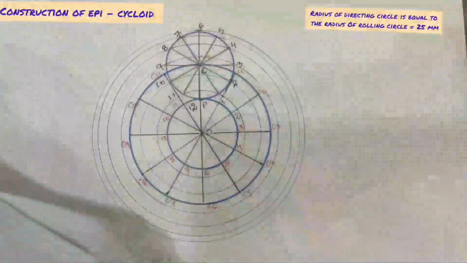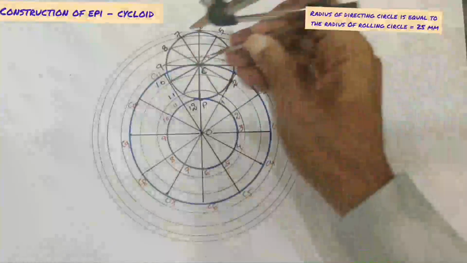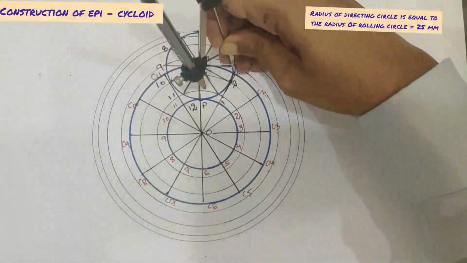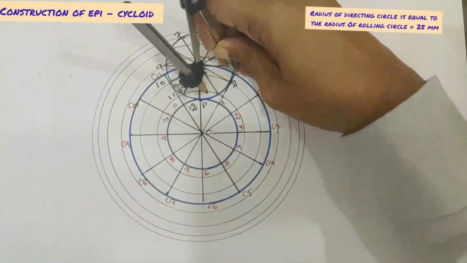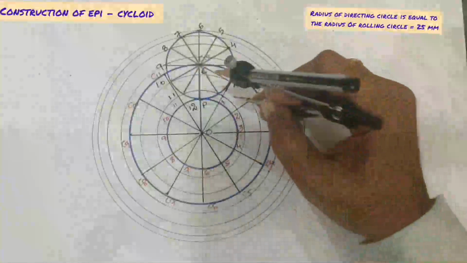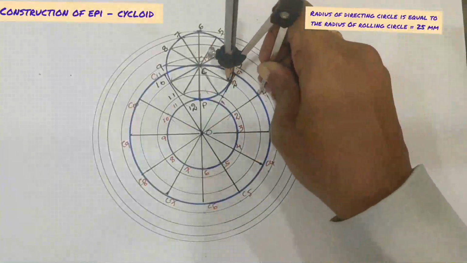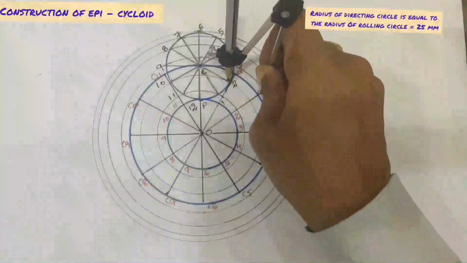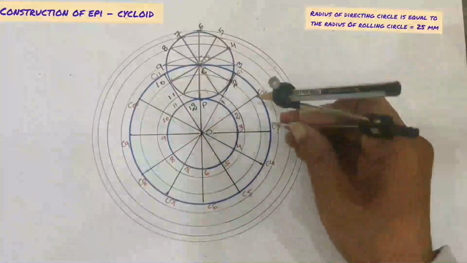After that, CP as radius, C1 as center. Draw an arc through the first division circle passing through the rolling circle. Then C2 as center. Draw an arc onto the second division circle passing through the rolling circle. So with this, here you got P1 and here P2 points.